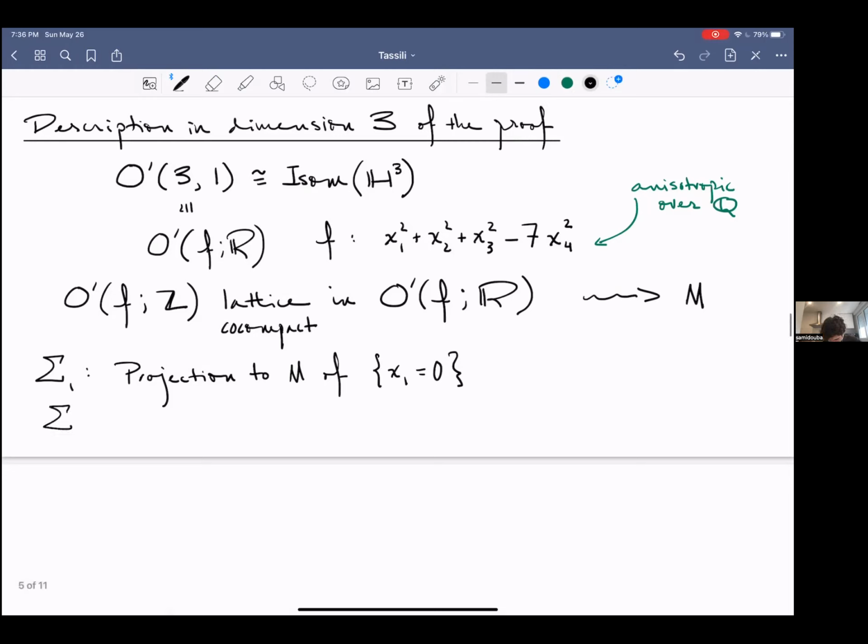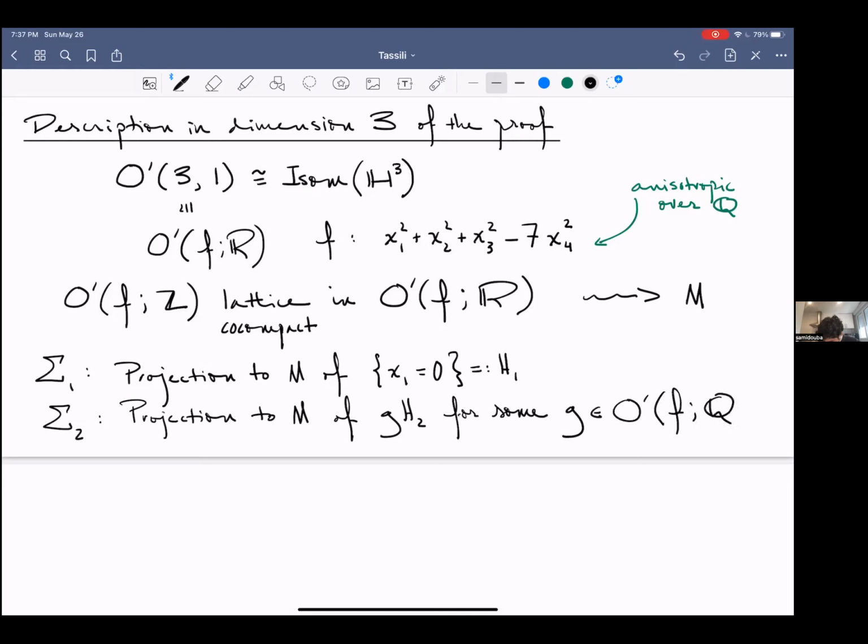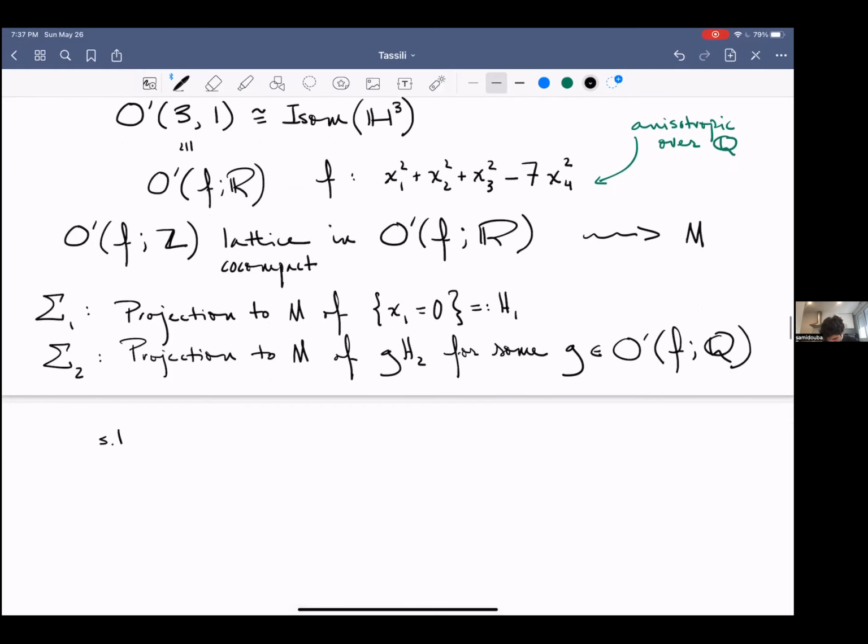And now sigma 2 will be the projection to M of, maybe I'll call this H1, of G H2 for some G in the rational points of this group, such that the hyperbolic distance between H1 and GH1, and this will maybe be H2, so we want this distance to be roughly L, so roughly some prescribed number.